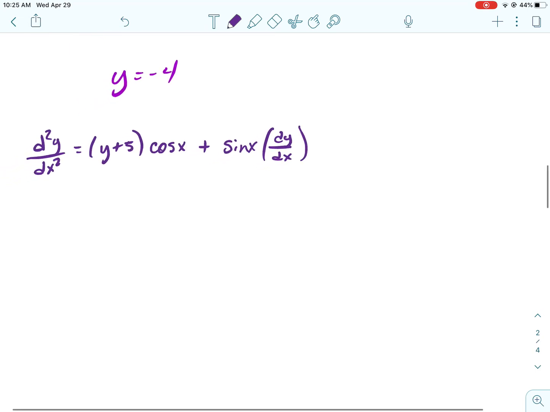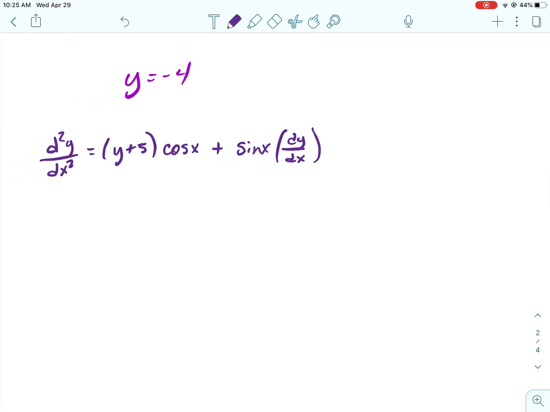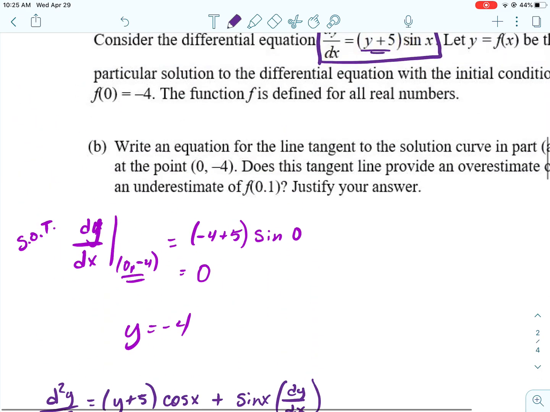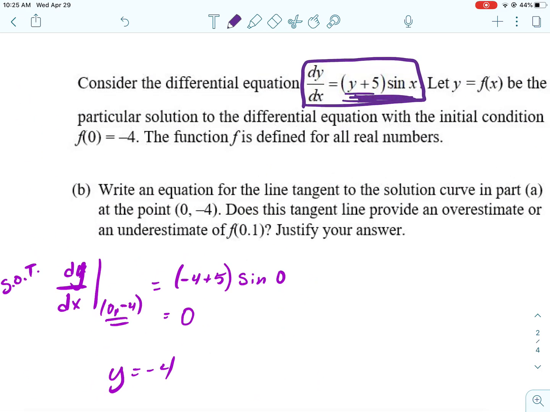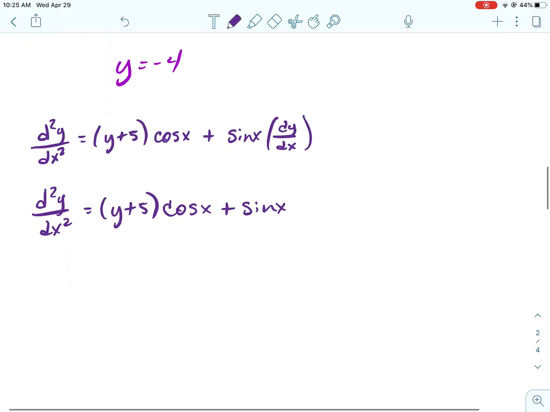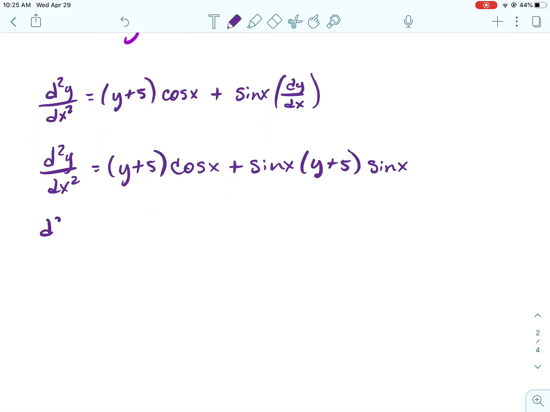Plus, I will leave the second one alone and multiply by the derivative of the first one. The derivative of y plus 5 is going to be dy dx. We're having to do implicit differentiation here. At some point when you're finding the second derivative, you have to plug in the first derivative. So in the place of dy over dx, I'm going to fill in what dy over dx equals.